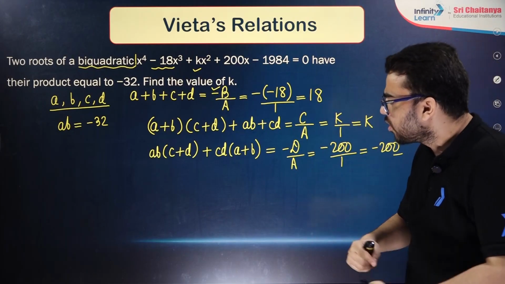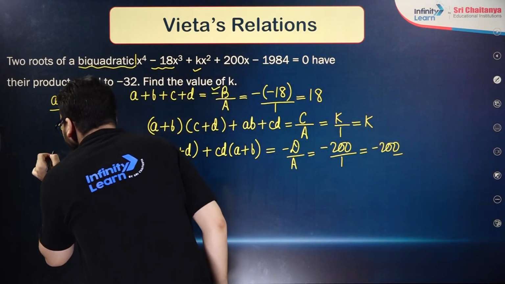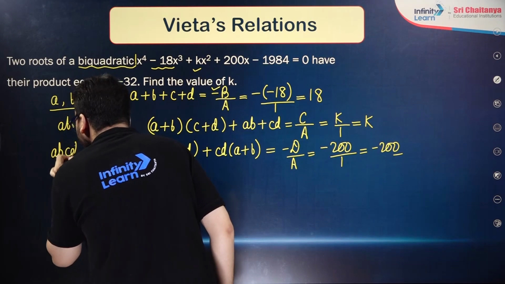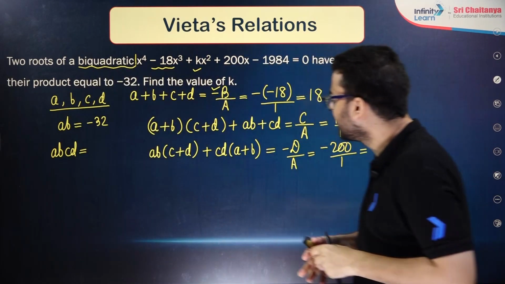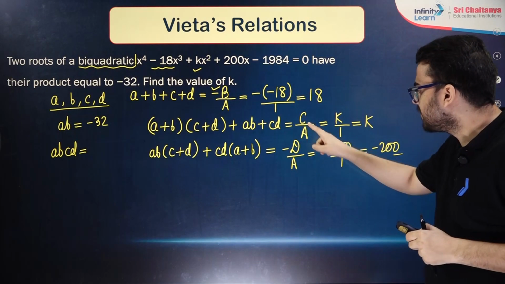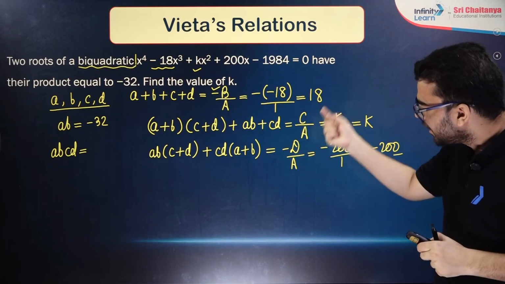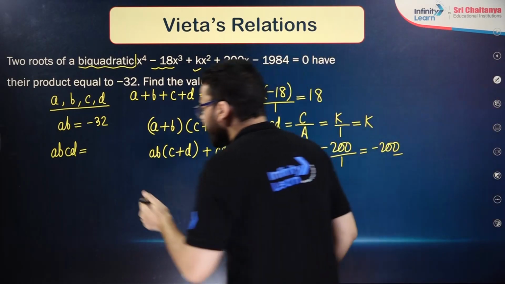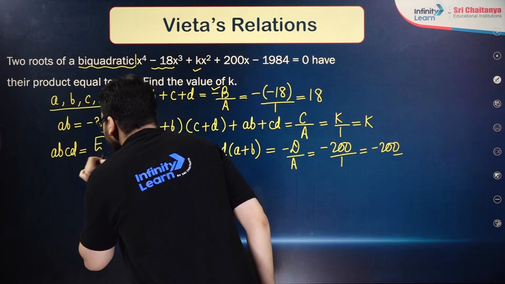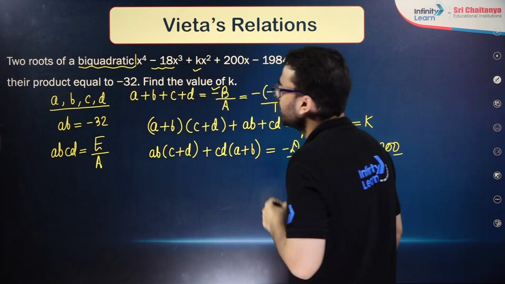Now if you take 4 roots at one time, that will be what, guys? abcd, 4 roots at one time. Now what is the pattern? Minus B by A, C by A, minus D by A, it will be plus E by A. It's going to be plus E by A. A, B, C, D, E. Right?